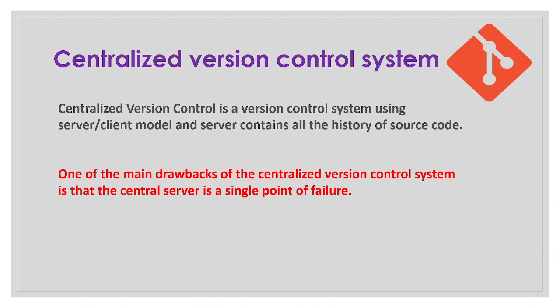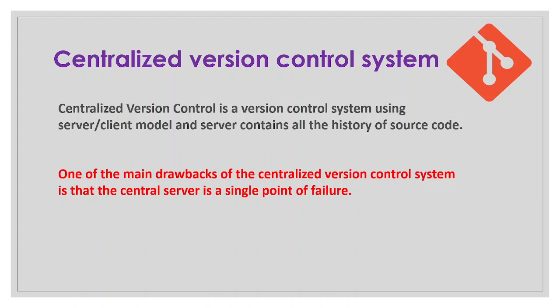We have a centralized server from which all the clients fetch the source code to their local machine, and whenever they are done with the changes, they push to the server, where all the history is maintained at server level. It is not maintained on the client machine. Client machine means the developer machine.